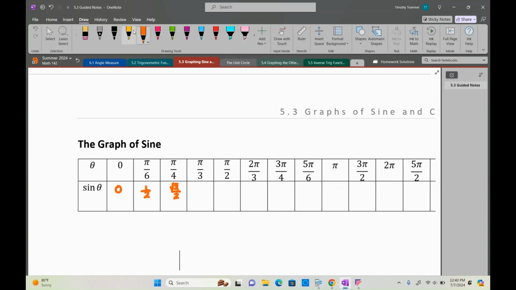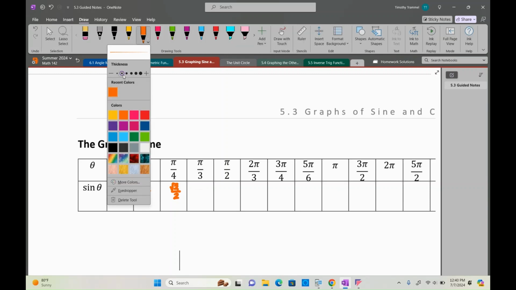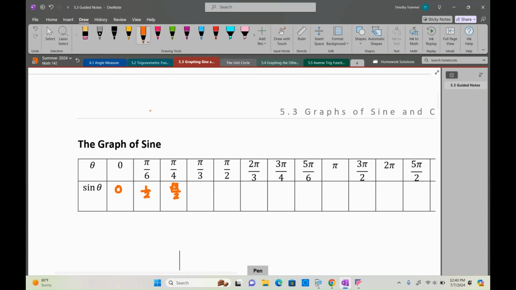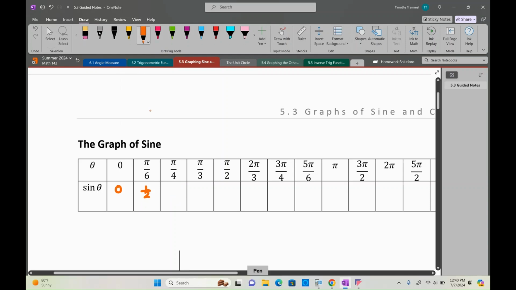And I might use a slightly smaller marker here so I can write these a little bit neater. Let's try that. And then sine of pi over 2 is 1.